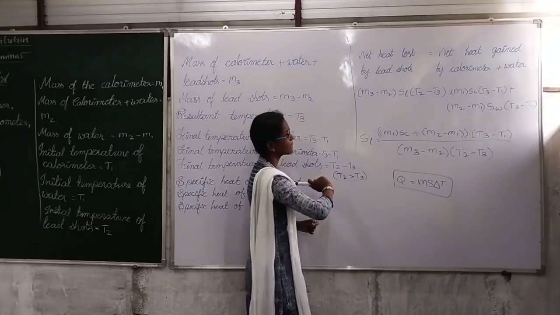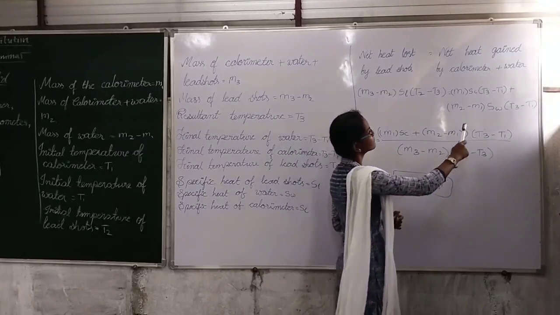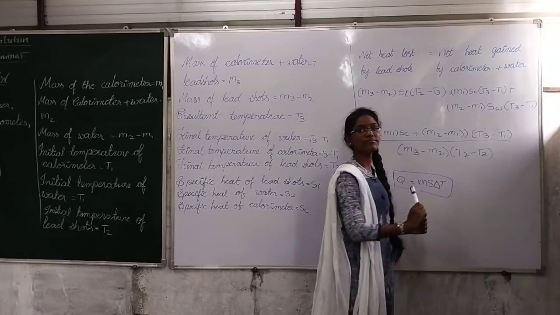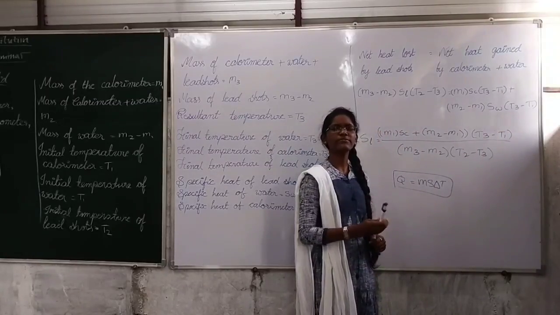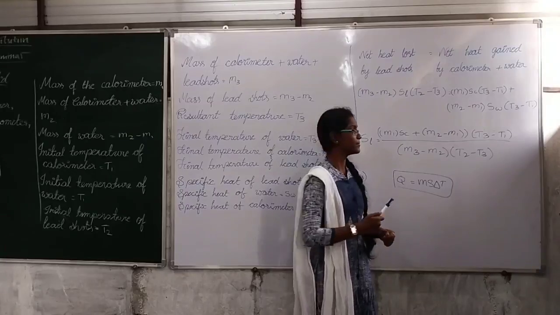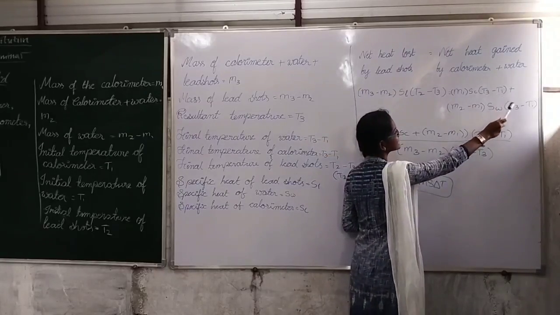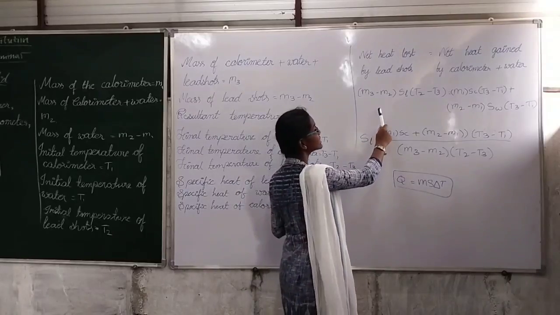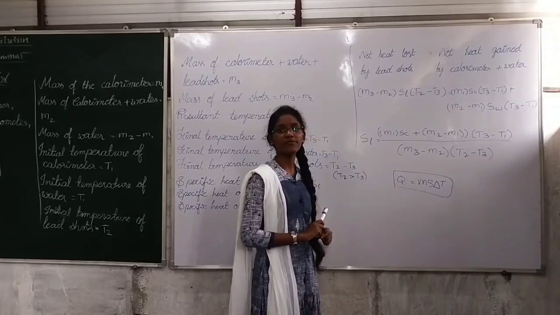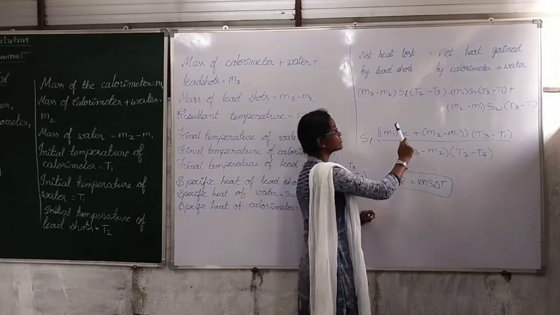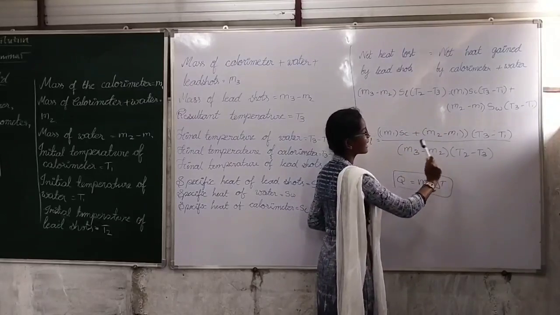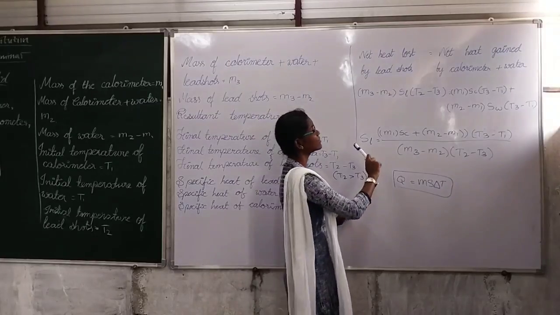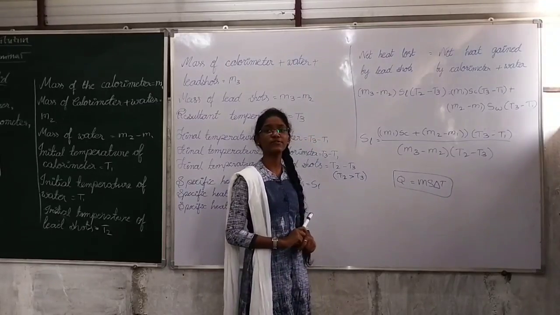If you observe these values carefully, T3 minus T1 is the common value in both, so we are taking it as a common factor. The values on the left hand side are in multiplication form; when we send them to the right hand side, they become division, right? Now we want only the specific heat of the lead shots.